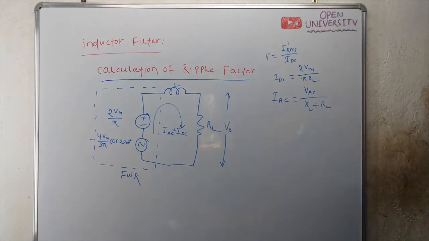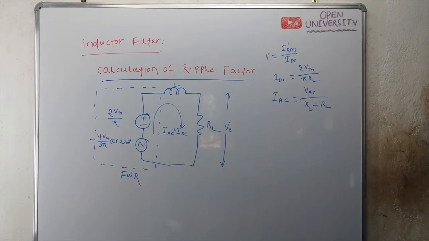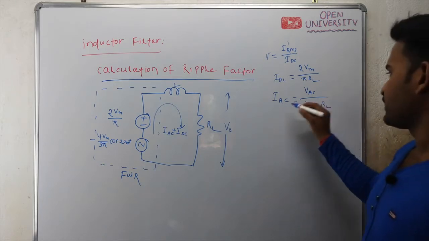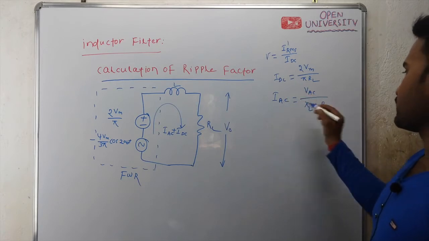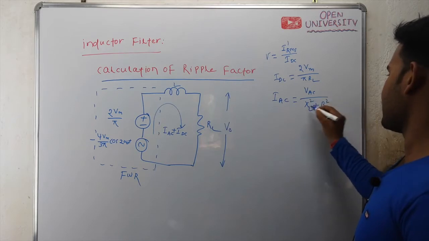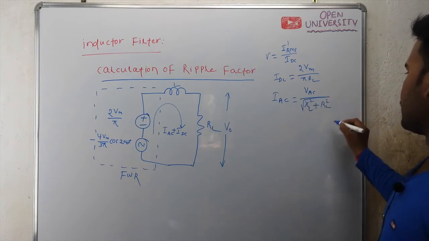I equals V by Z. You can write the instantaneous current as VAC by square root of XL squared plus RL squared.